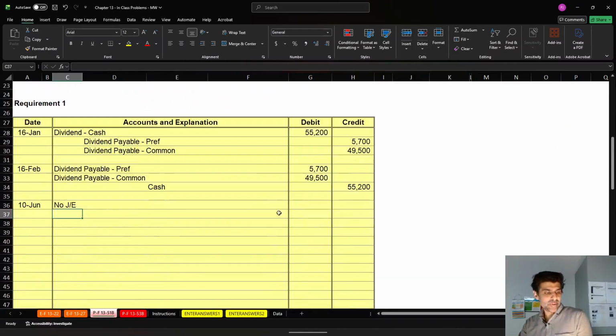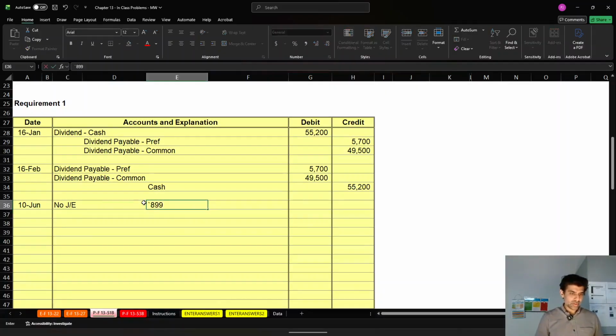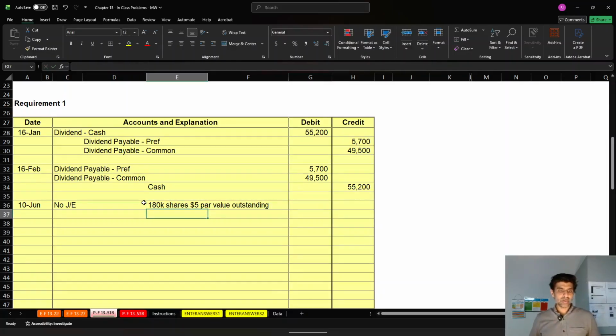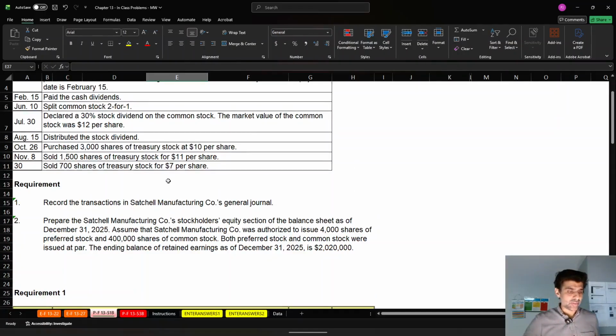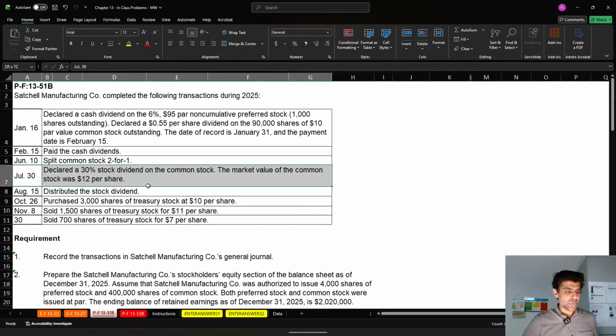Now we have, so I'm just going to put a note here, 180,000 shares, $5 par value outstanding. Okay, so that's going to be relevant because now in the next journal entry, we're going to pay a stock dividend on 30% of the outstanding common stock.